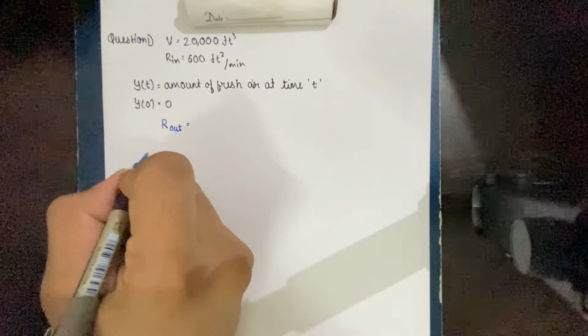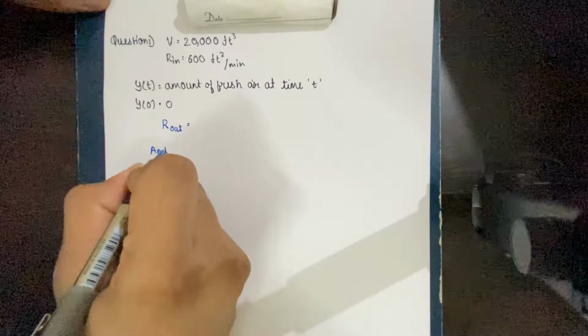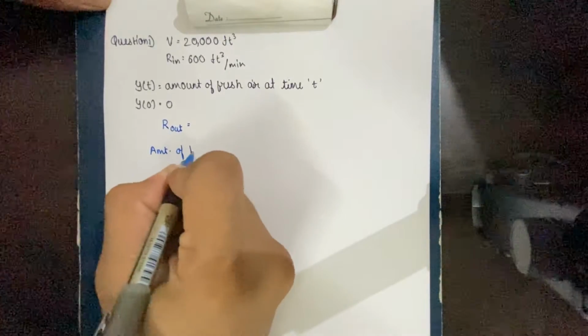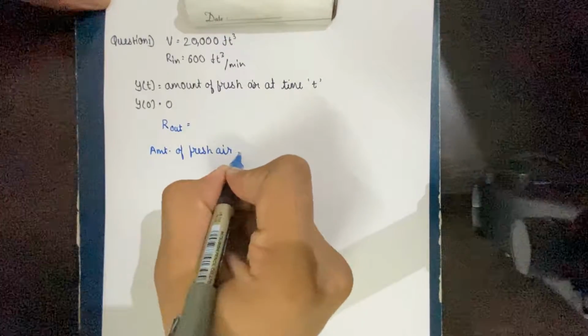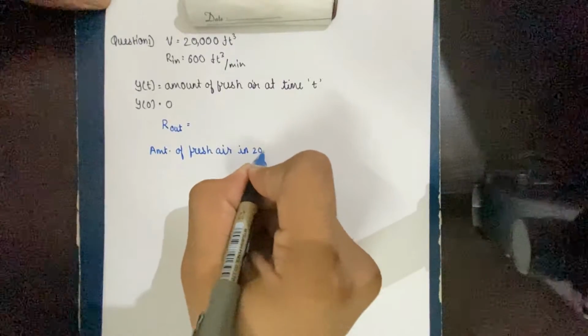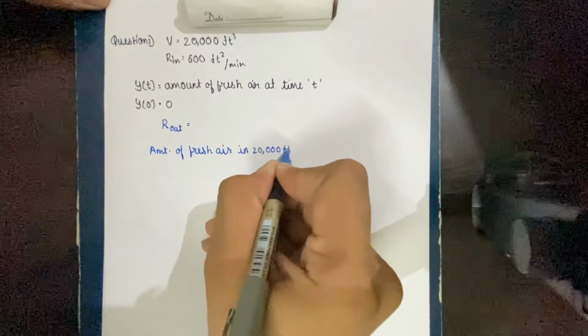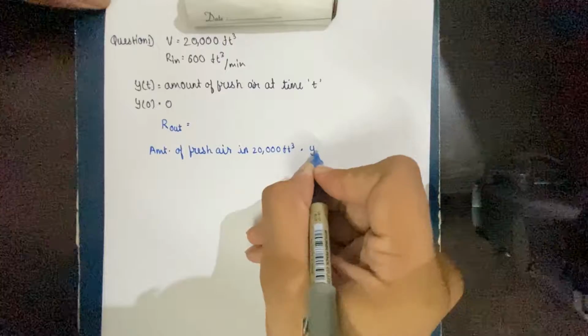So the amount of fresh air in 20,000 cubic feet is y of t.